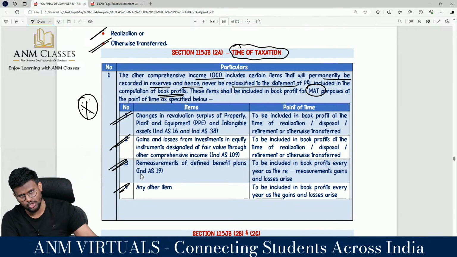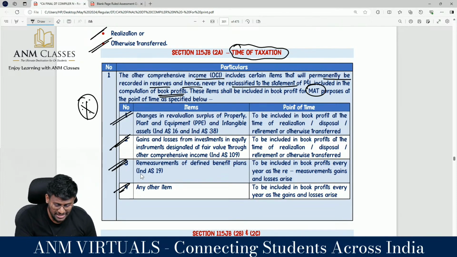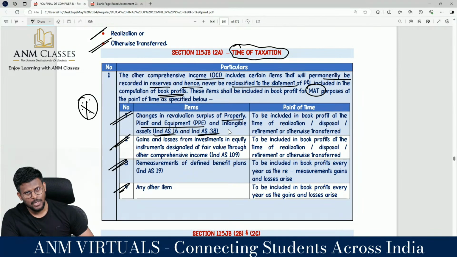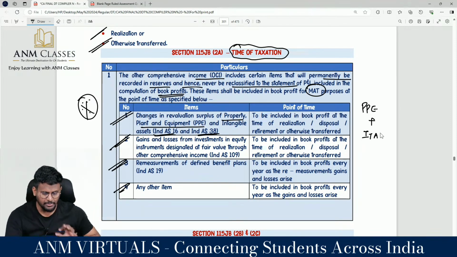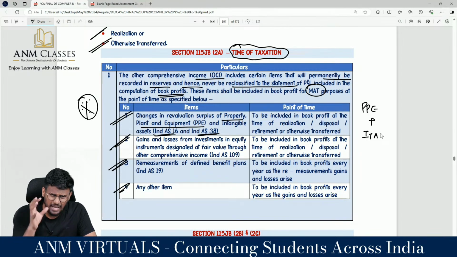We have finished the four points. Number 1, changes in revaluation surplus of PPE and intangible asset as per Ind AS 16 and Ind AS 38. With regard to the PPE, which is fixed asset, and intangible asset, sometimes you will make the revaluation. Those revaluation surpluses are not included in the book profit in the year of creation.